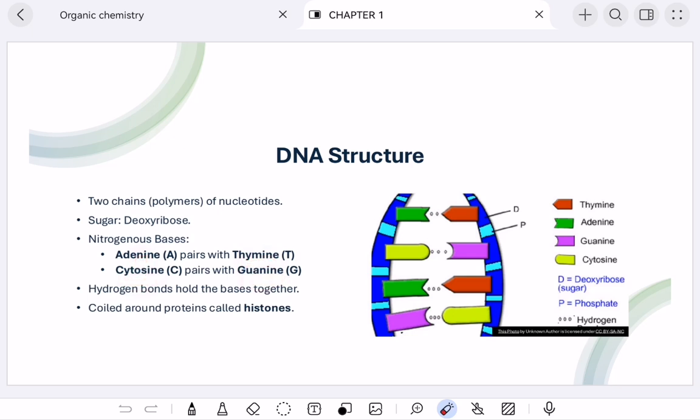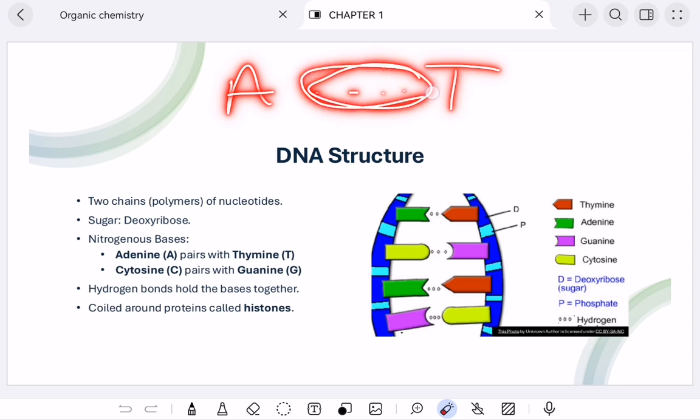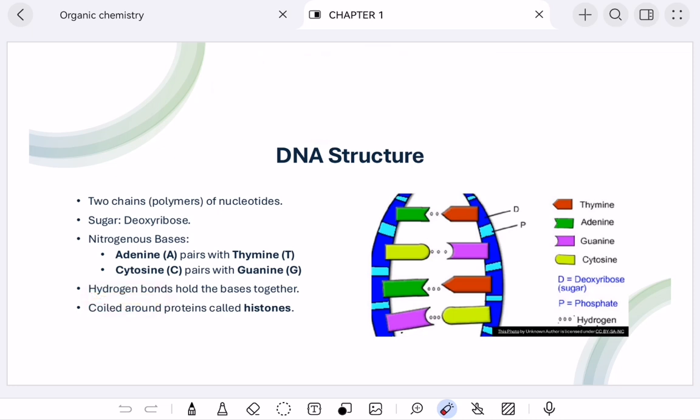And remember, I said that adenine bonds with thymine. So we have a bonding happening between these molecules, and this bond over here is called a weak hydrogen bond, right? So you have to state that it is a weak hydrogen bond, right?